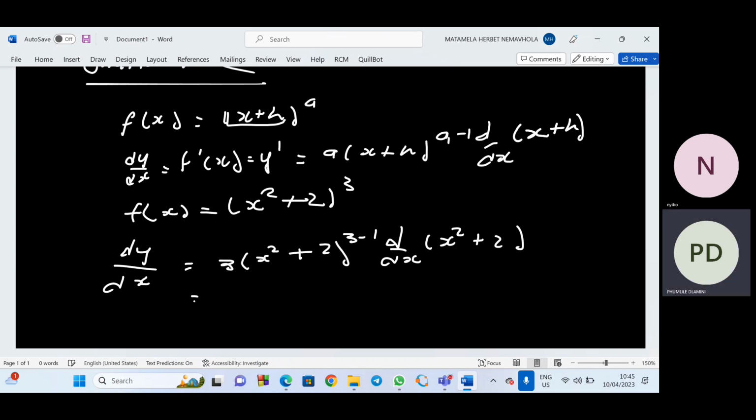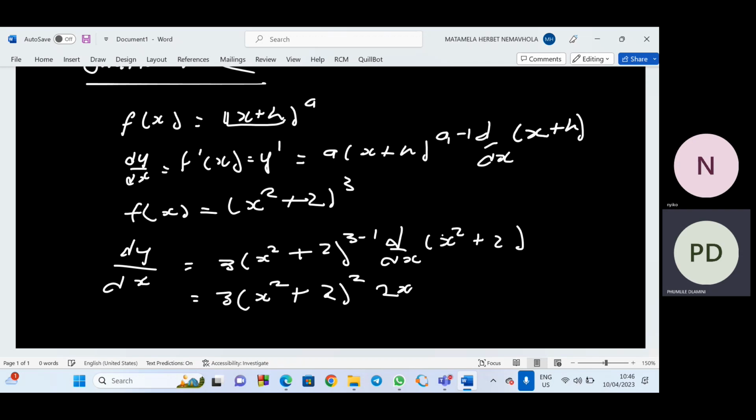Then this equals 3(x squared plus 2) to the power 2. When we differentiate the inside, the answer is going to be 2x.